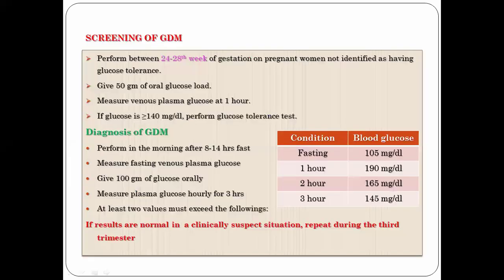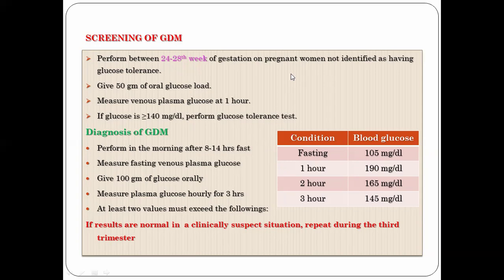So if I talk about the screening of gestational diabetes, as I already told you, between 24 to 28 weeks of the gestational period, pregnant women who are not identified as having glucose intolerance are given a 50 gram oral glucose load.